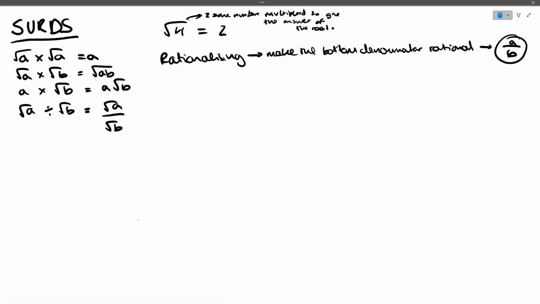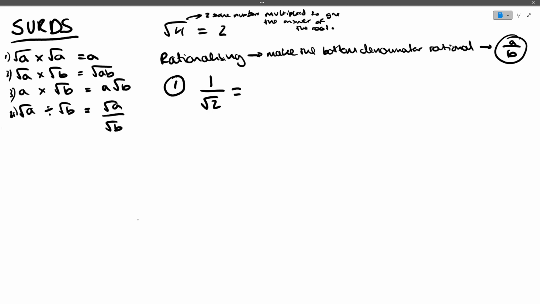I'll show you in an example right here. This is a common type of question. Question 1 over root 2. This could come up in your paper, very common. So how would we do that? How would we turn this into an integer, like a real number, a rational number? What we do, we use this rule, the first rule.